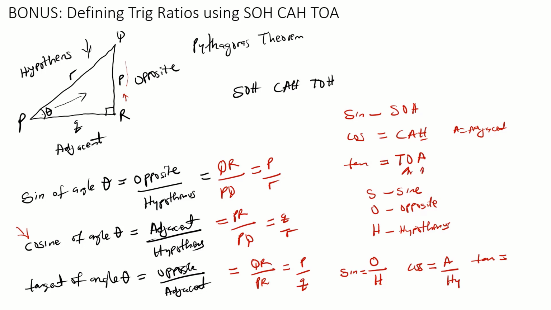So if you simply note your SOHCAHTOA, if you're looking for sine, that's simply opposite over hypotenuse. If you're looking for cos, that's adjacent over hypotenuse. And if you're looking for tan, that is opposite over adjacent.